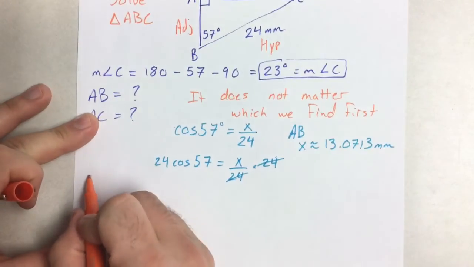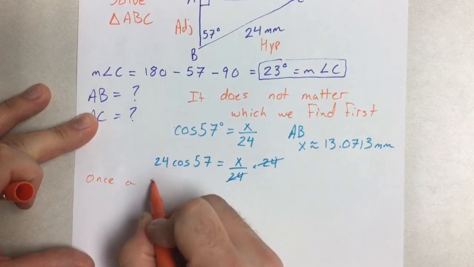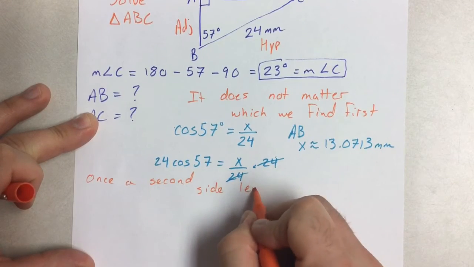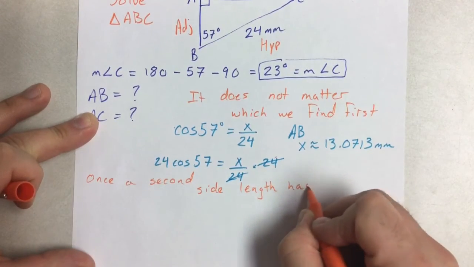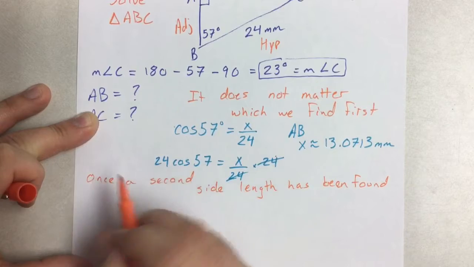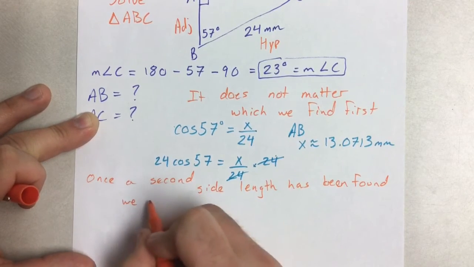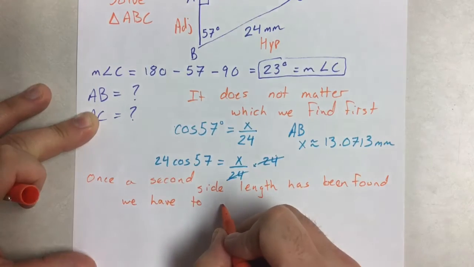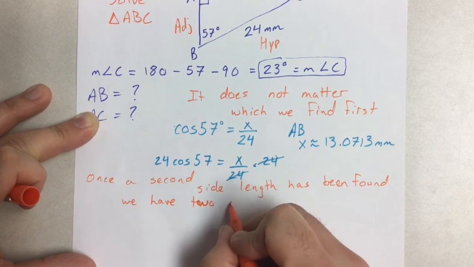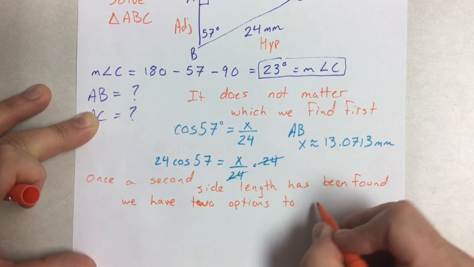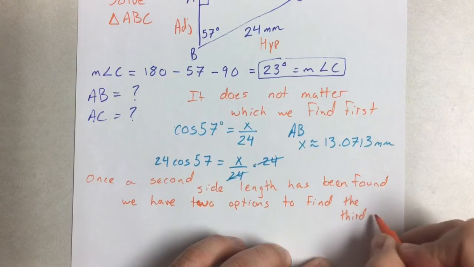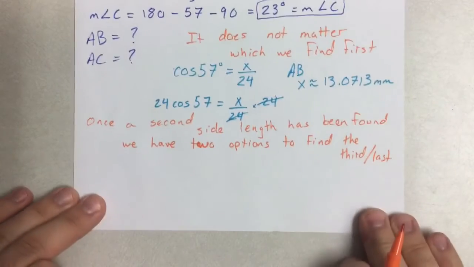Once we have a second side length, we have to find the third, obviously. We have two options to find this third.